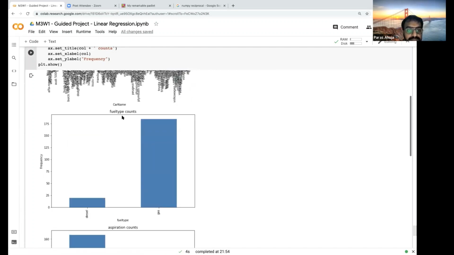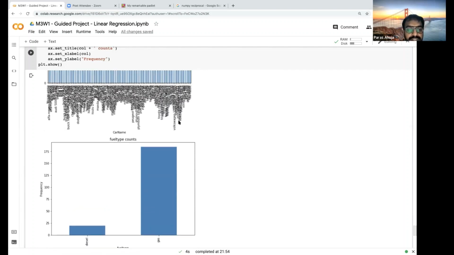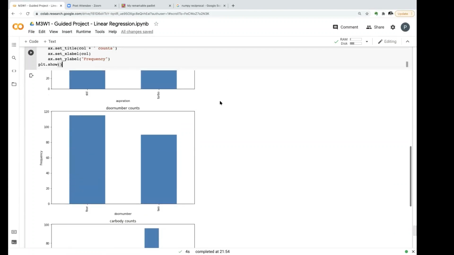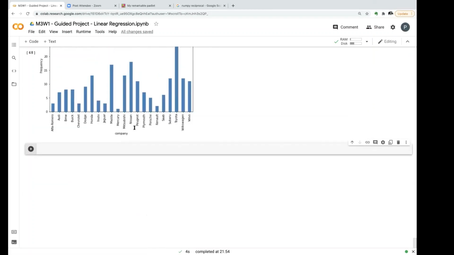How do you check the actual values? How many times diesel comes as fuel type in our data set? You guys know any functions? Value counts, right? Yes. So I can use Series dot value counts.